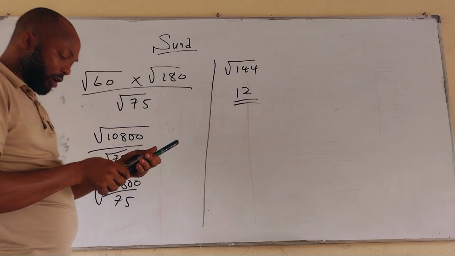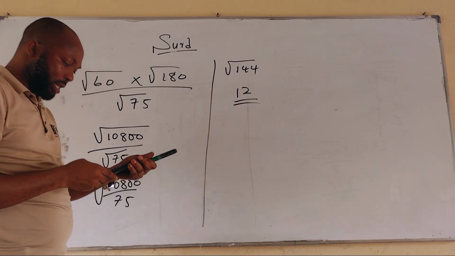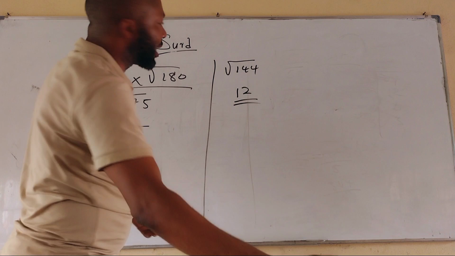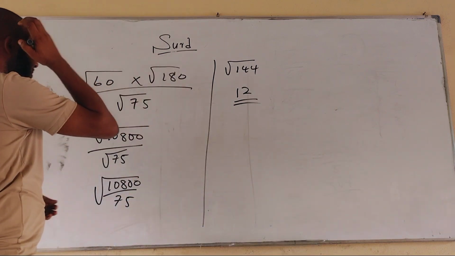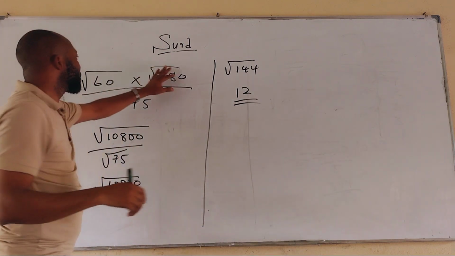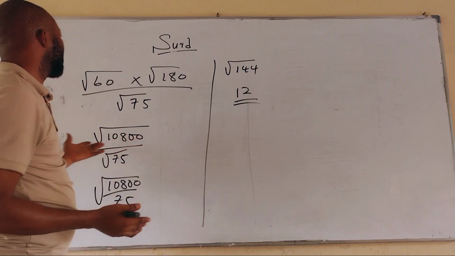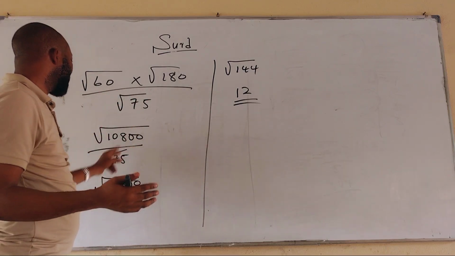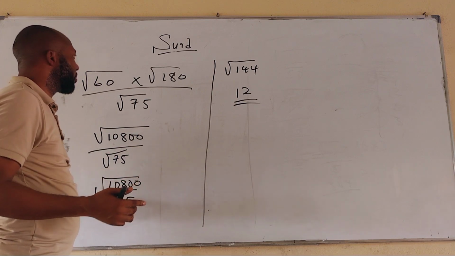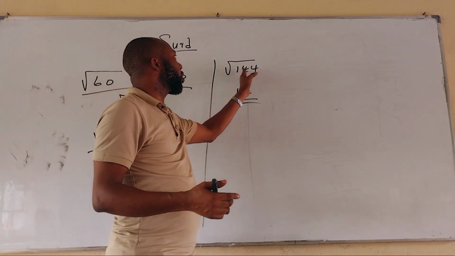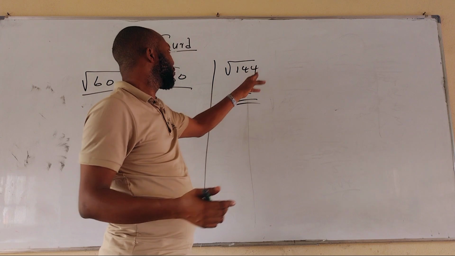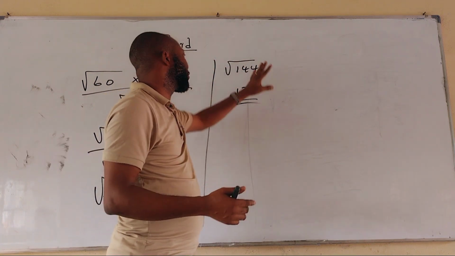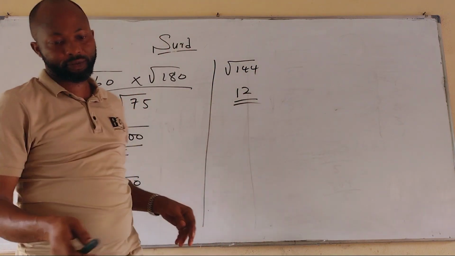The multiplication law permits multiplying the two, and the division law takes the division by root 75, so I can put it in this same form. The root of 144 is 12.